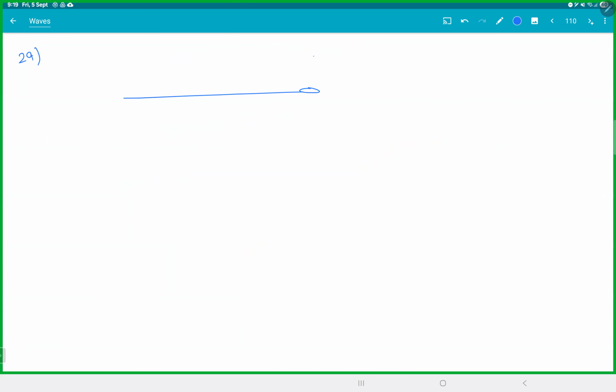So we have a free end. This is 2 kg. Mu is 2 gram per meter. This is oscillating in second overtone. This is x equal to minus 1 by 4 meter.